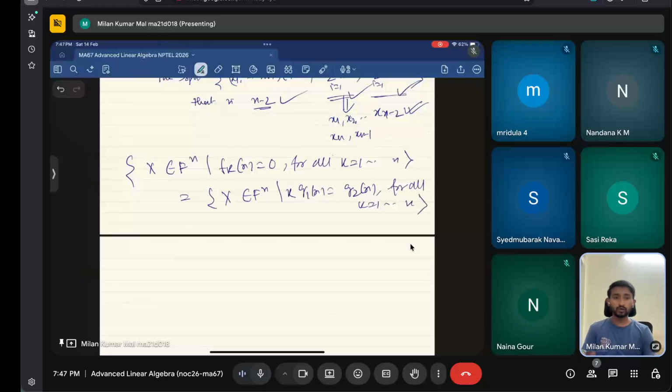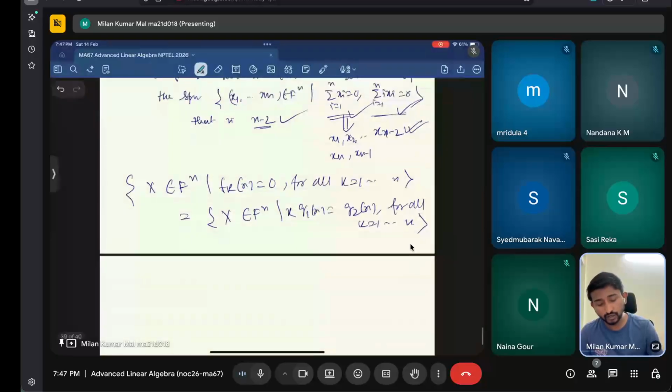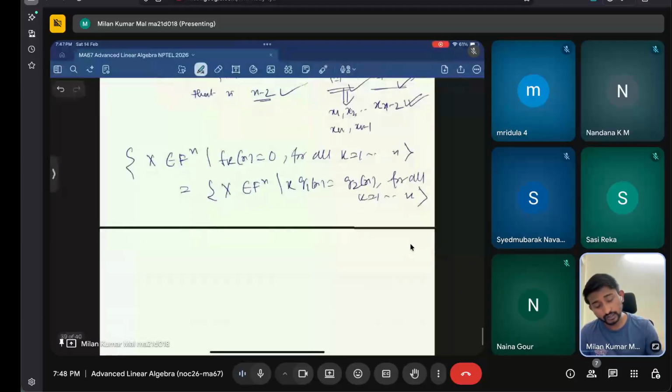These two sets are equal, and this set is actually the same as the set of x in Fn such that g1(x) equals 0 and g2(x) equals 0. This is the last expression. Why?